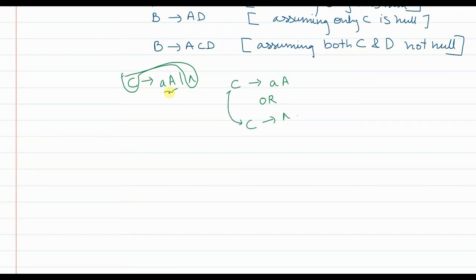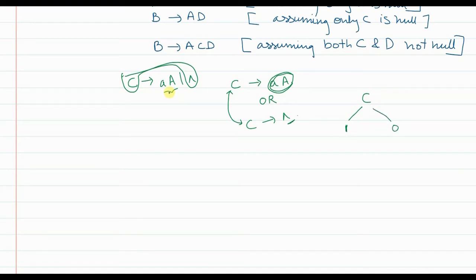That means C has an ability to either convert itself to some valid string, or it can replace itself with a null string. So in general, if I know that C is nullable, that means either C exists or C does not exist.